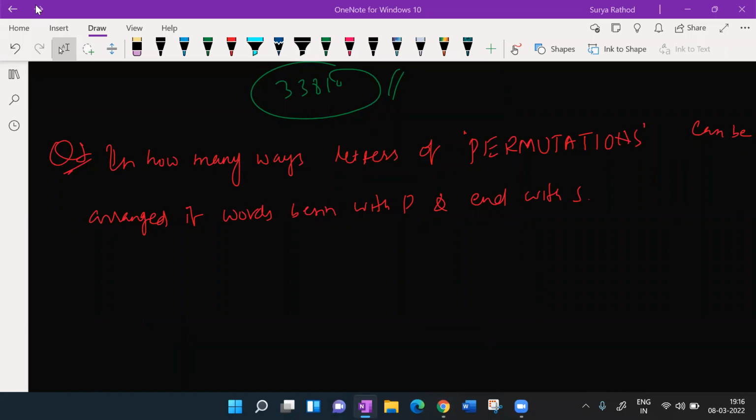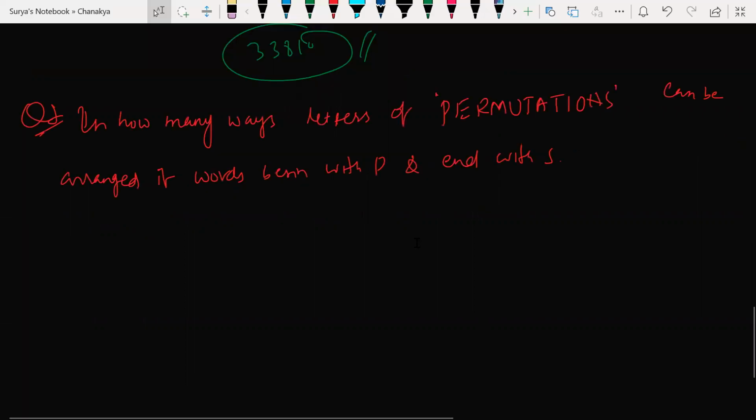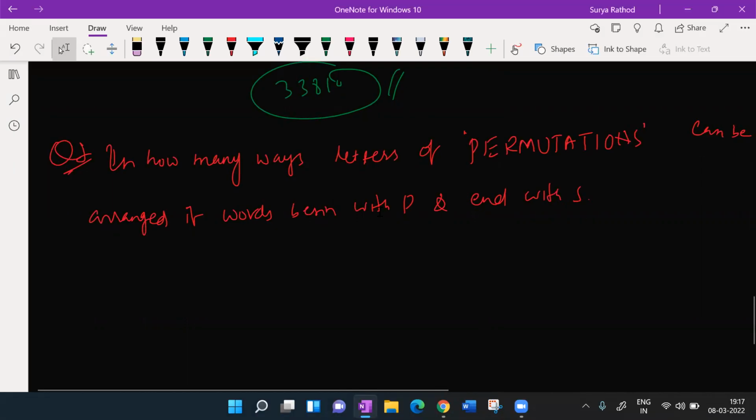What's the answer? Hello. Are you here? See, in how many ways can the letters of the word permutations be arranged if words begin with P and end with S?